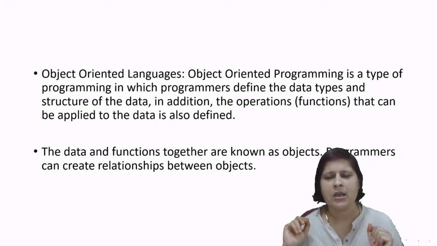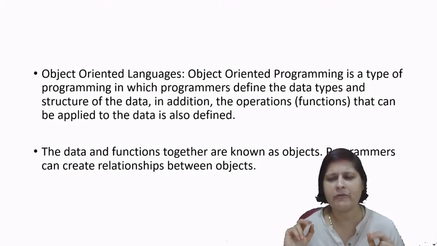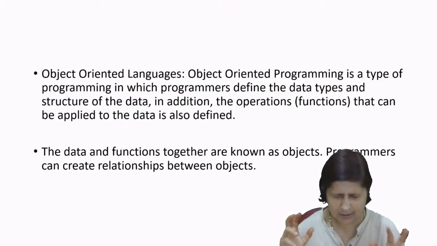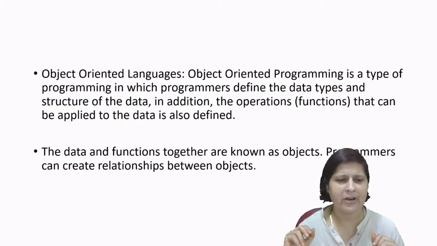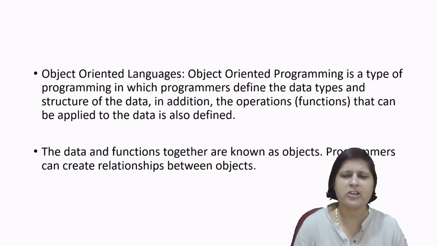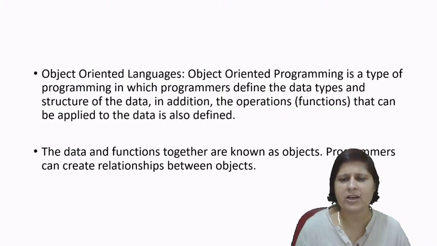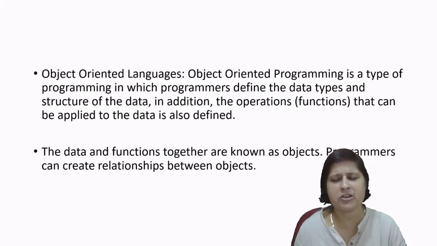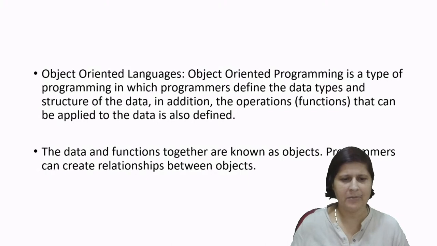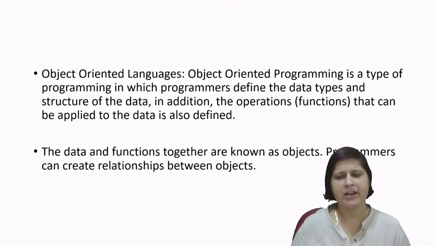If you use only one or two characters, then the user uses the character type of data. If the user wants to store a number, then the user can use the numeric type of data, right? And it can perform various types of functions like addition, subtraction, division, multiplication on any of the numbers, right? It can be defined in the object-oriented programming language.